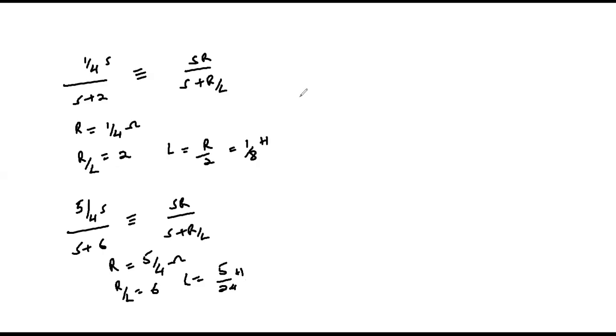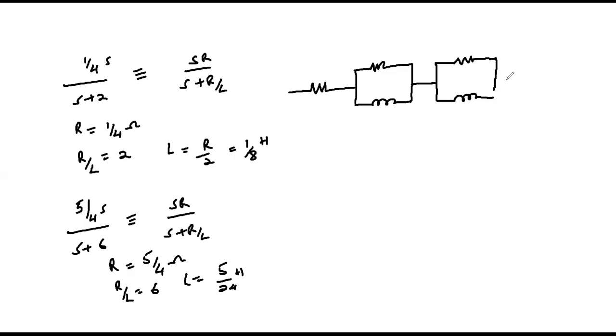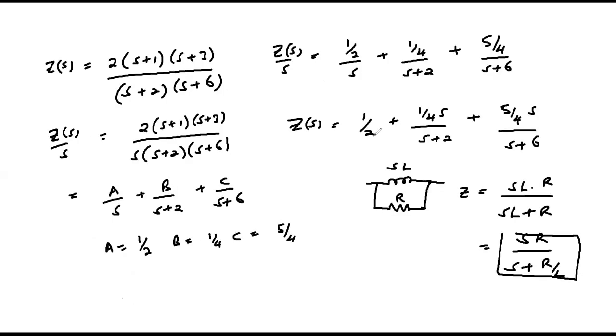At the end of the day, we can implement our network as follows: a resistor, a resistor-inductor parallel combination, and another resistor-inductor parallel arrangement. The resistance, as we noted, is 1/2 ohms from our partial fraction expansion.